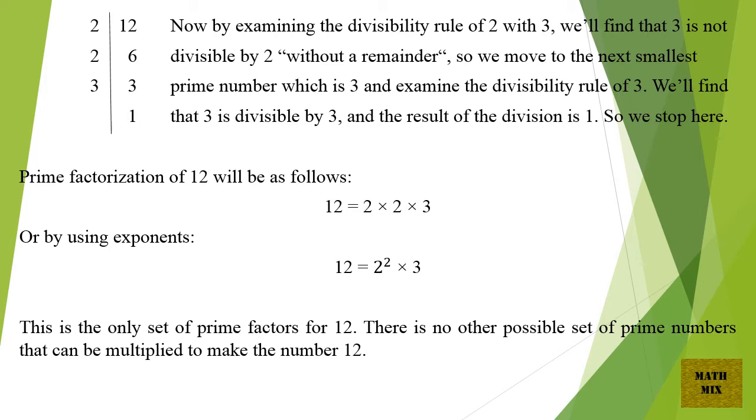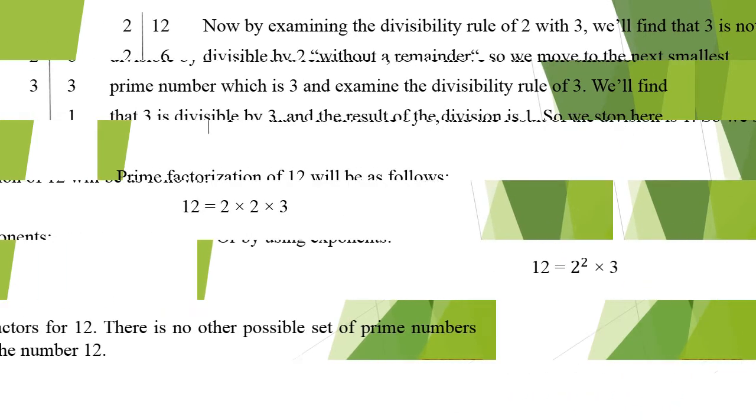Prime factorization of 12 will be as follows. 12 equals 2 times 2 times 3. Or by using exponents, 12 equals 2 squared, times 3. This is the only set of prime factors for 12. There is no other possible set of prime numbers that can be multiplied to make the number 12.